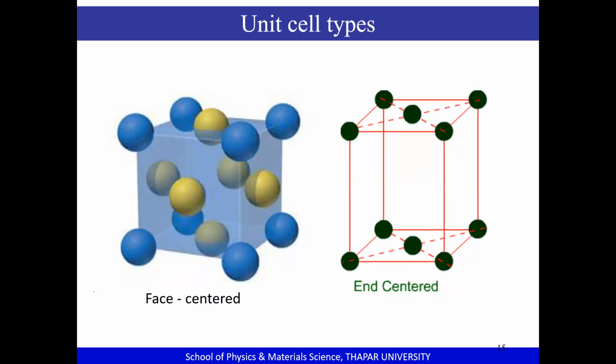Now coming to the next type of non-primitive unit cell, which is called face-centered unit cell. As the name suggests, in face-centered unit cell, your lattice points not only lie at the corners but also lie at the center of every face.